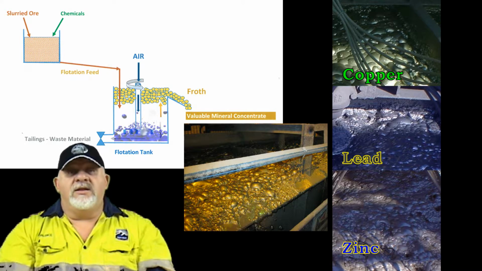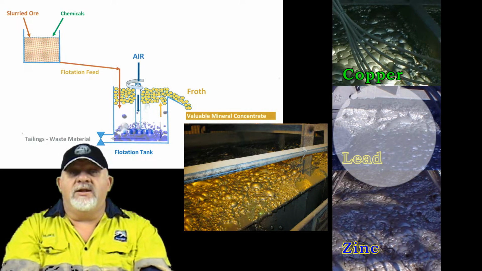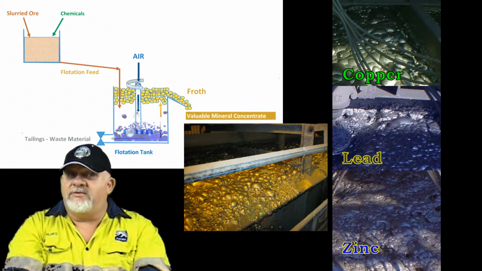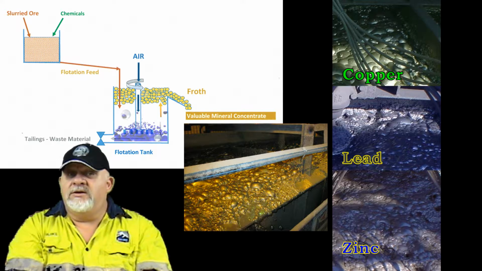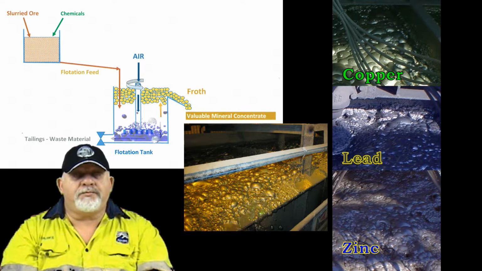Same process again, the chemicals are added, changing the chemical environment again to suit lead. Another chemical put in to do exactly the same thing as the copper, to coat the lead particles making them hydrophobic, and they want to float out.